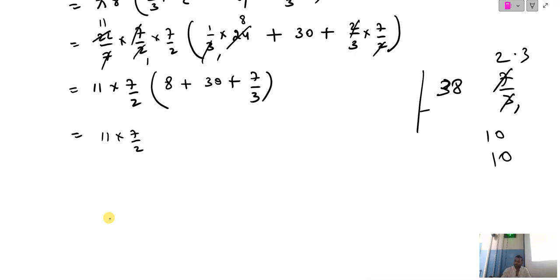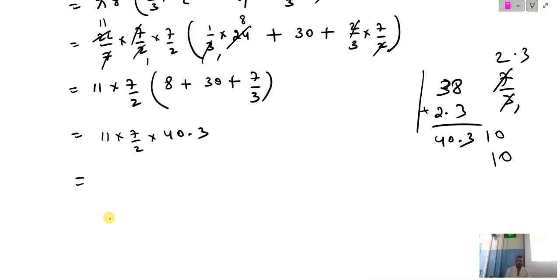Okay. So 38 plus 2.3. 38 plus 2, 40. 40.3. So this is into 40.3. Understood the calculation? 8 plus 30 is 38. 7 by 3 is 2.3. 38 plus 2.3 is 40.3. Now, can we cancel this?